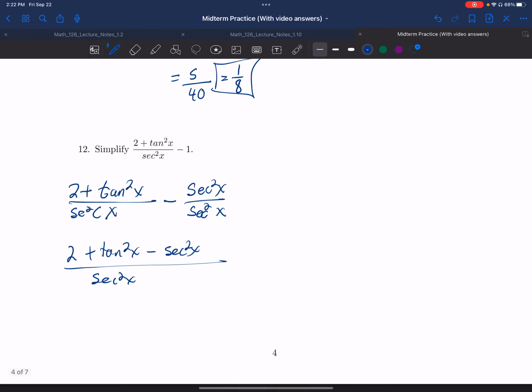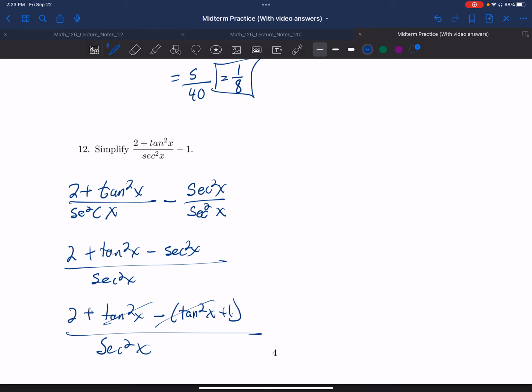All right, now I can convert secants into tangents. So let's do that next. So I'll have 2 plus tangent squared x minus tangent squared x plus 1 all over secant squared x. All right, so now the two tangents cancel each other.